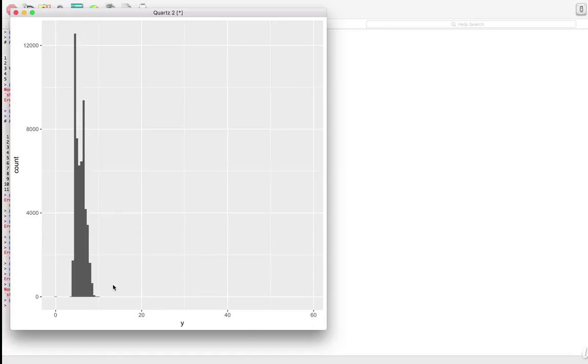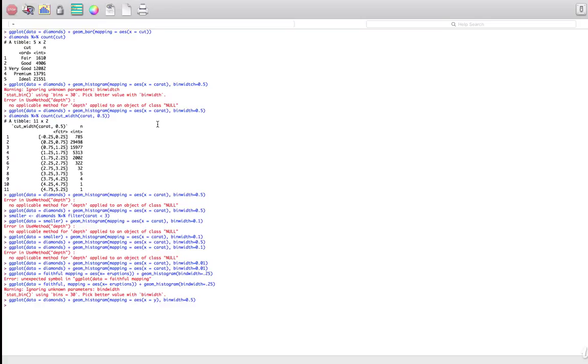To make it easy to see the unusual values, we need to zoom into the small values of the y-axis with coord_cartesian. So you can add the coord_cartesian function to your same code.